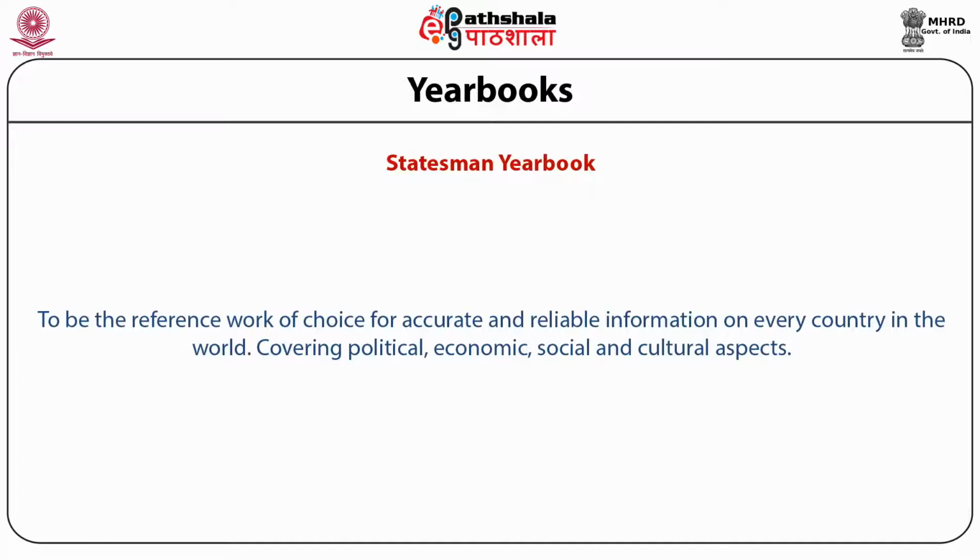It is a publication which comes out regularly and contains complete information about socio-economic indicators, political developments, and other related information about all the countries in the world, and also it contains information about international organizations like UNO, UNESCO, UNICEF, International Labour Organization, that is ILO, etc.